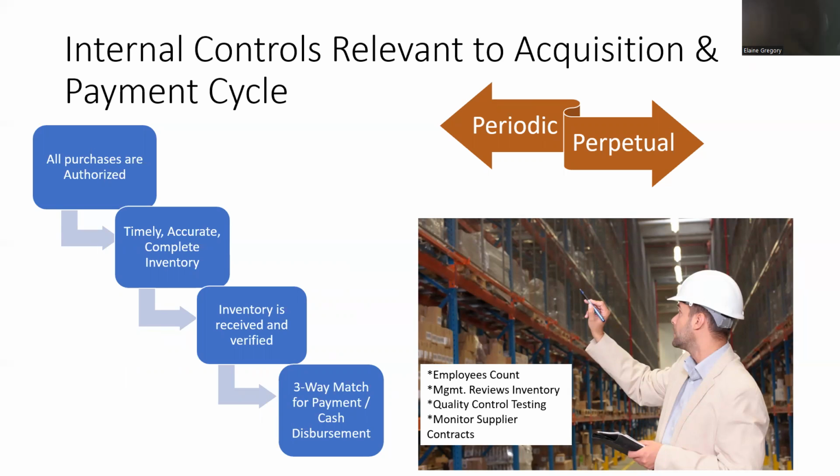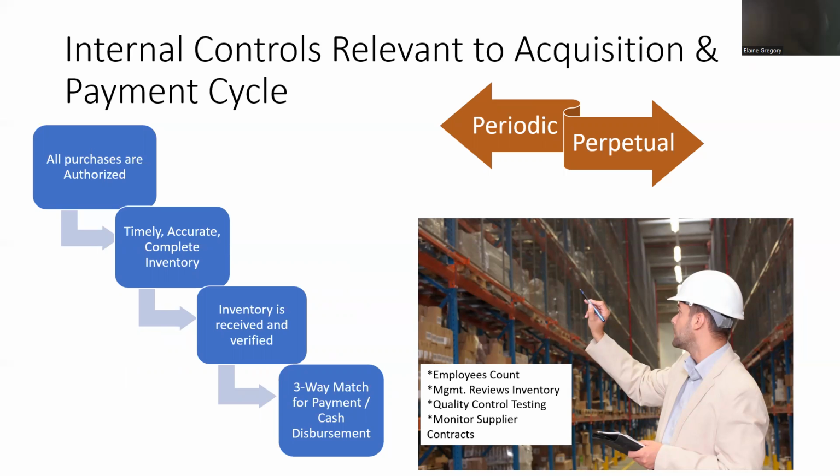And when we are looking at inventory, at the accounts payable side, we want to do a three-way match for payment and cash disbursement. And that three-way payment is making sure there's a purchase requisition, purchase order, receiving report, and invoice that all ties together.